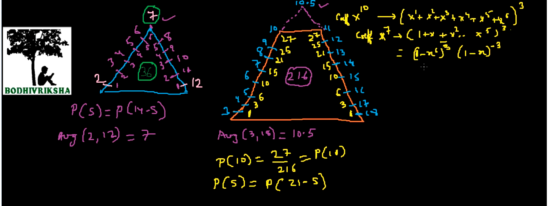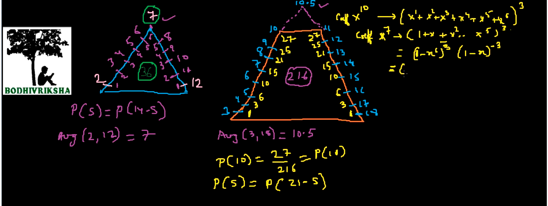Now we need to understand that since we are looking for the coefficient of x to the power 7 this time, we can find the coefficient of x to the power 7 in the second term's expansion. But since x to the power 7 is greater than or equal to x to the power 6, we also need to consider other terms from the first expression. Let's see what it could be.